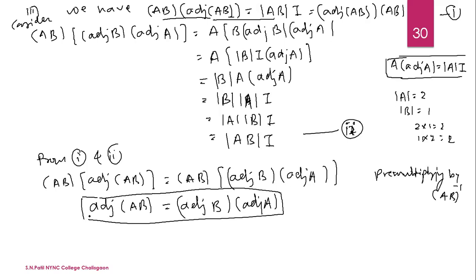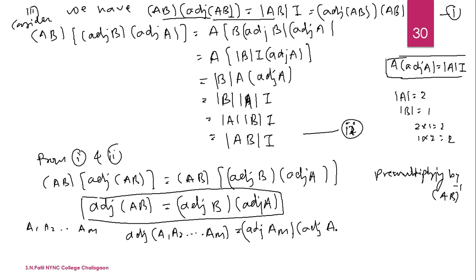If there are m number of matrices, suppose A1, A2 up to Am having the same order, then adjoint of A1 into A2 dot dot dot A suffix m can be written as adjoint of A suffix m into adjoint of its previous matrix, adjoint of A suffix m minus 1 dot dot dot into adjoint of A suffix 1.